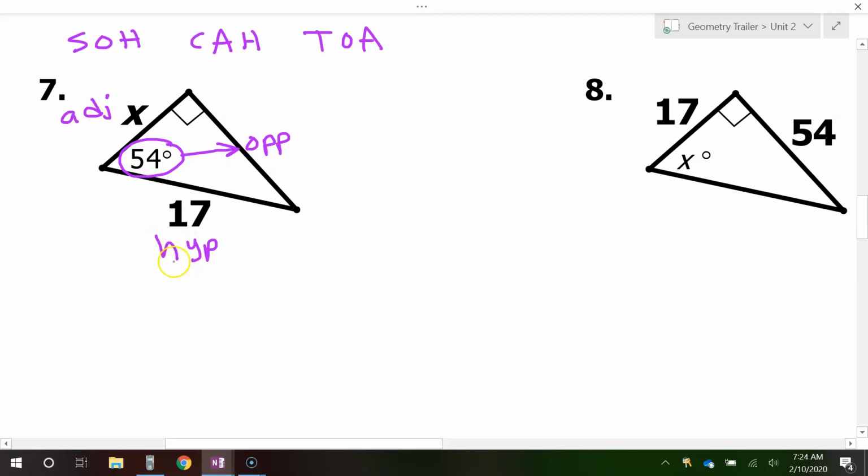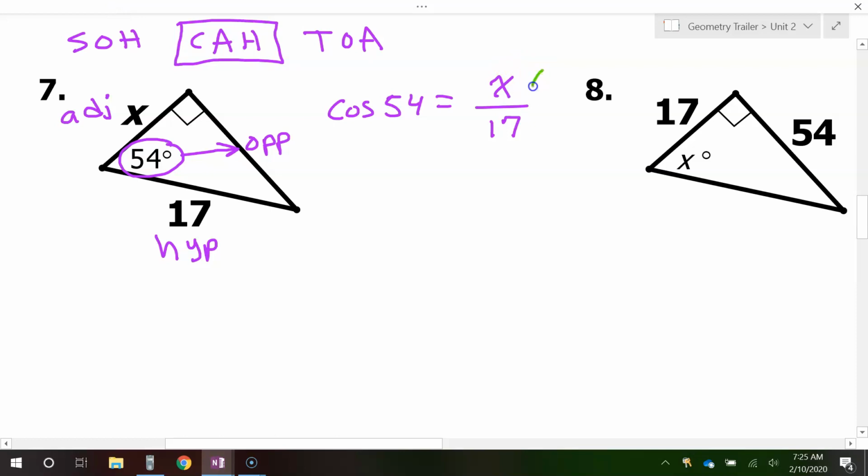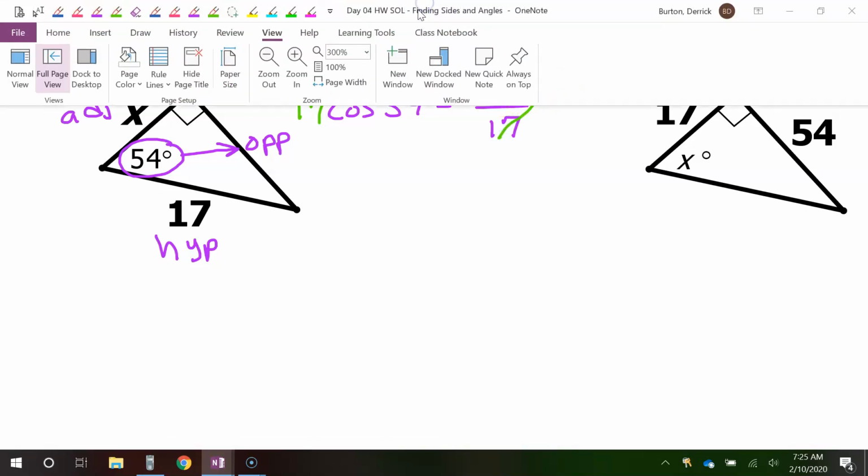Adjacent and hypotenuse. Which trig function involves adjacent and hypotenuse? That is the cosine function. So we will write cosine of the angle that we circled, which is 54, is equal to adjacent over hypotenuse. That's x over 17. When the variable is in the numerator, that is when you multiply by the denominator. That way, these will cancel out and leave x by itself.